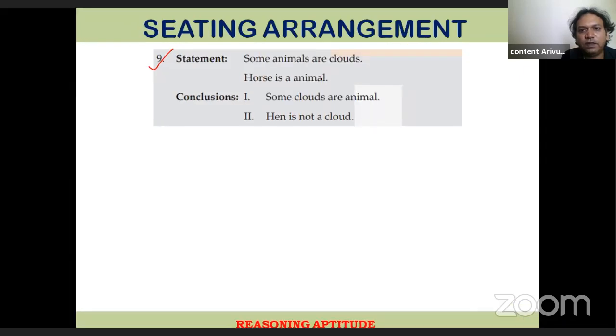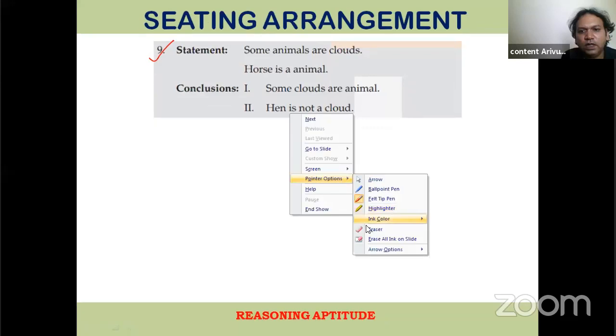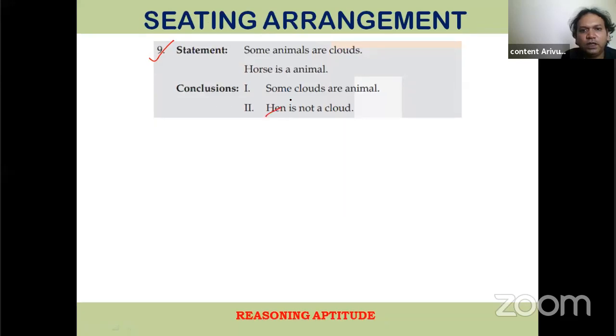So first of all, the mistake in the typing in the question is this should not be hen. It should be horse, because there's no mention of any hen in the statements. If you take the word hen, then anyhow the conclusion is wrong.